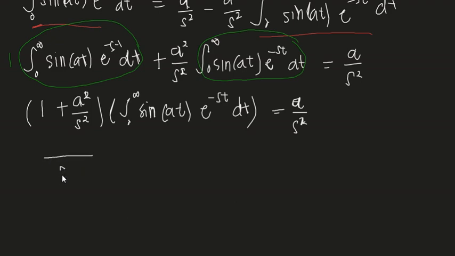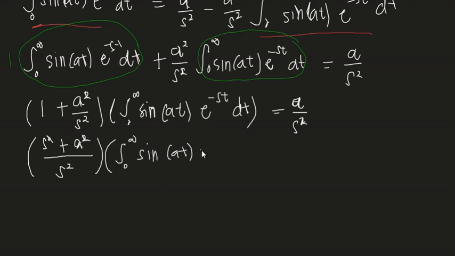So, we will have s squared plus a squared, multiplied by the equation, the integral of sine at e raised to negative st dt is equal to a all over s squared.